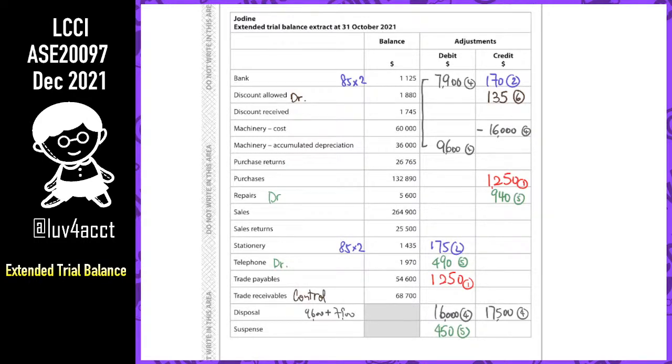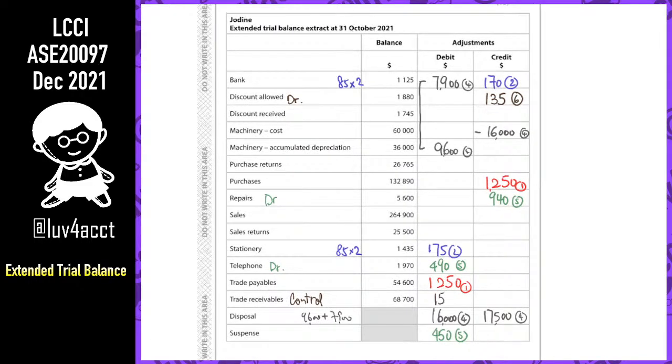If it is like this, the control account here, then we will put the 135 adjustment here in the trade receivables. If we post the total every month in the control account of the trade receivables, that is the assumption that is taken in most of the level 3 questions.